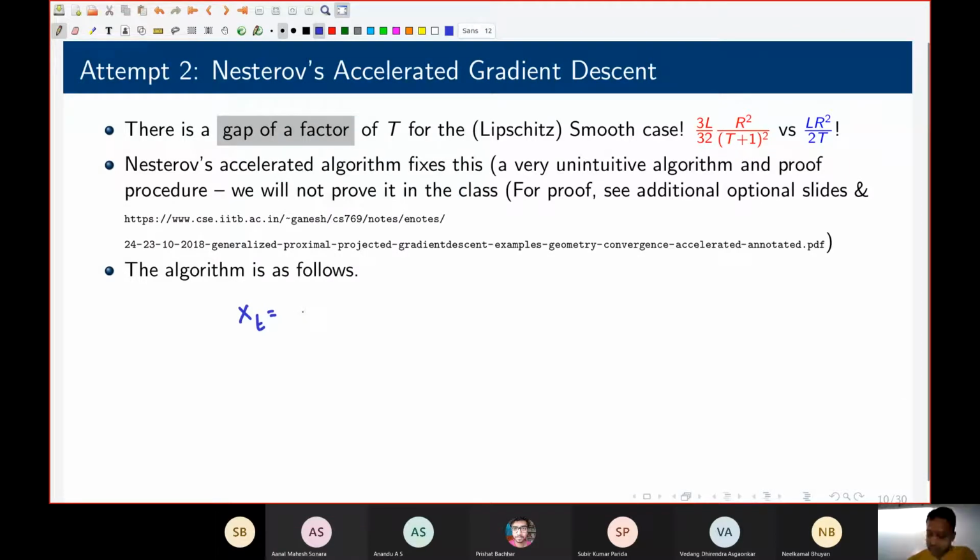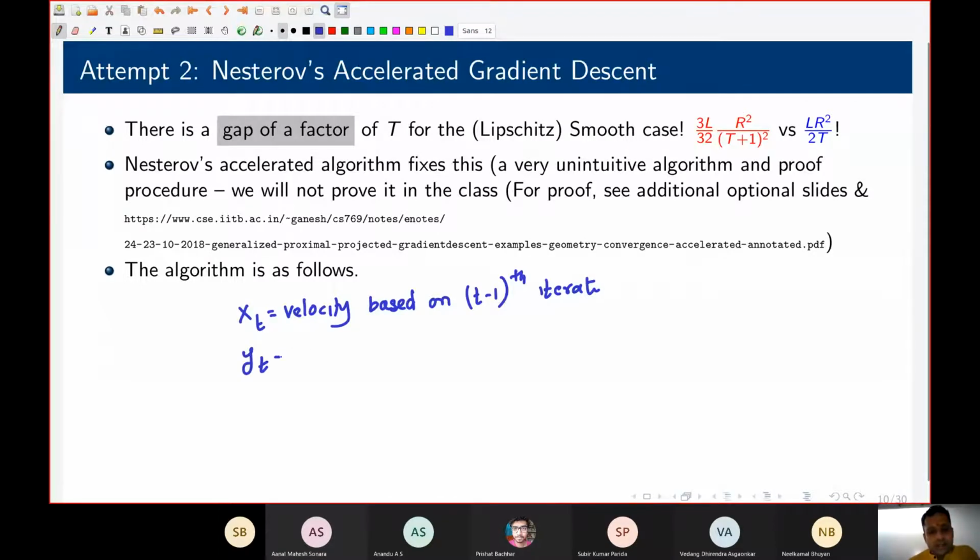We're going to have xt as velocity, based on the previous iterate.